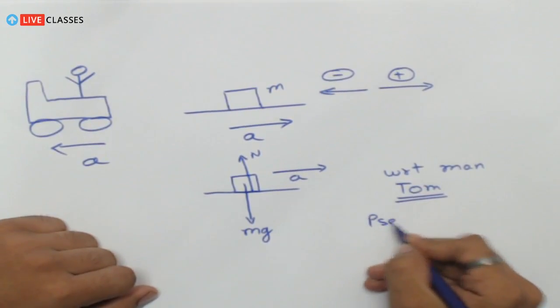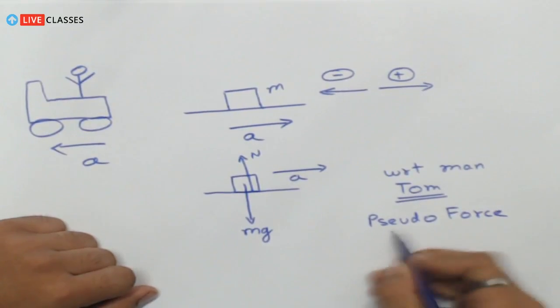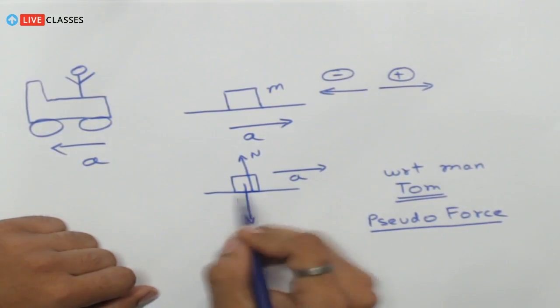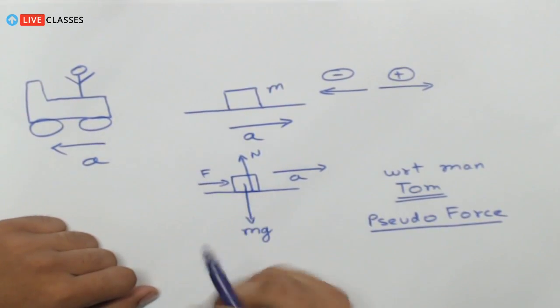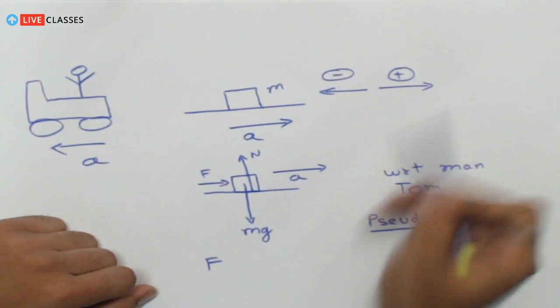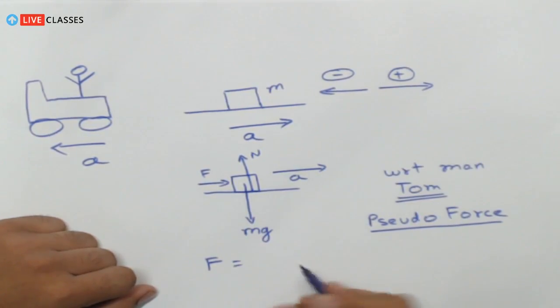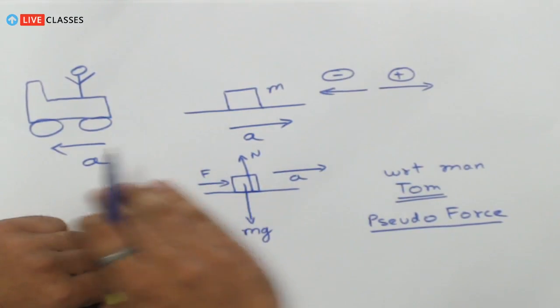Assuming a force F is applied, writing Newton's second law, the force equation: F is positive direction, equal to any other force acting on the horizontal line.